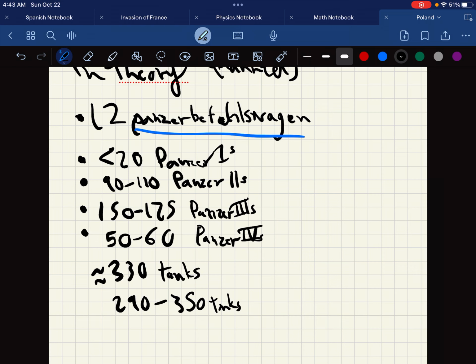Well, I can't give numbers because they are widely different between every Panzer Division, but generally speaking, what was completely out of plan was that there were actually a lot more Panzer Is and Panzer IIs rather than Panzer IIIs and Panzer IVs. Panzer IIIs were not the majority.